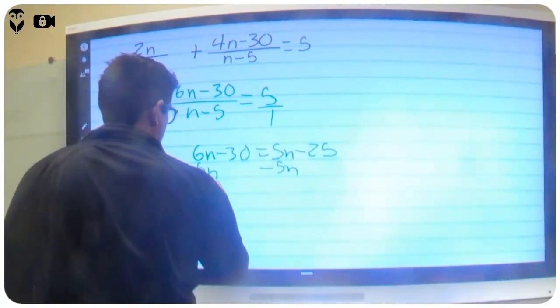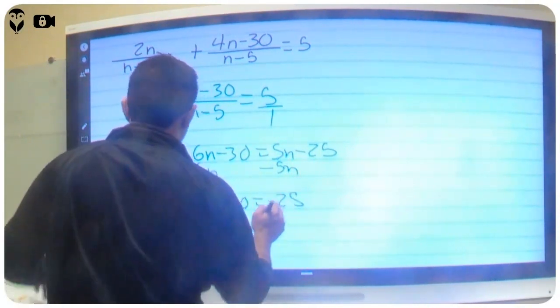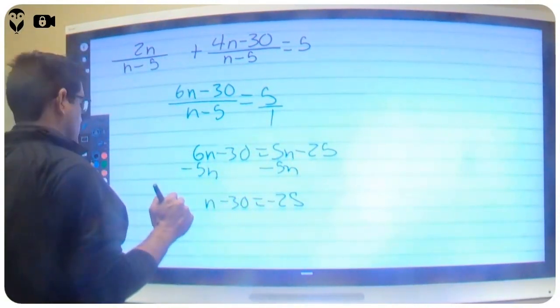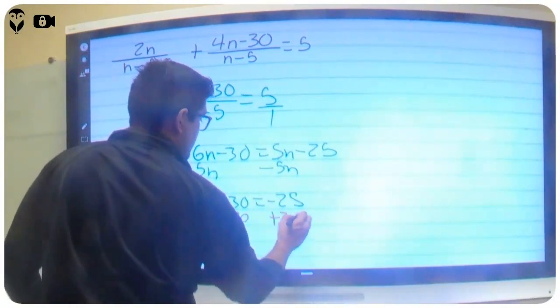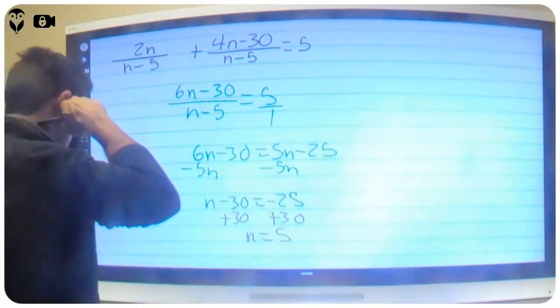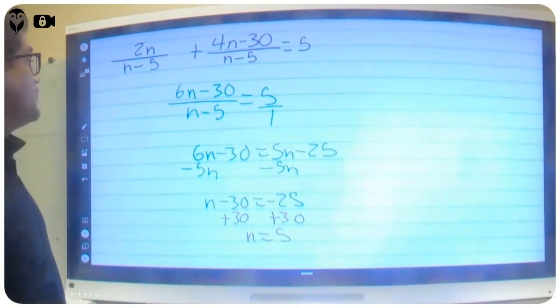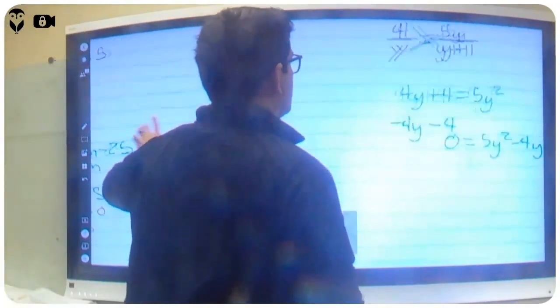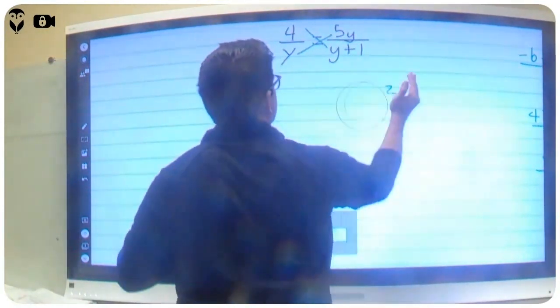We're left with n minus 30 equals negative 25. Then we are going to add 30 on both sides. N equals 5. And that's it. This one was very simple, actually, which means I want to do the more difficult version of this, which is what I'm going to do right now.